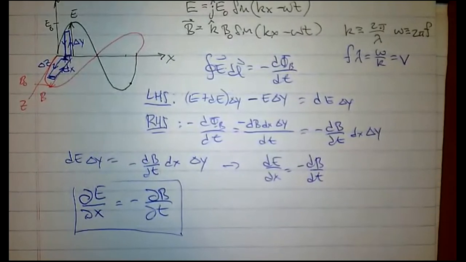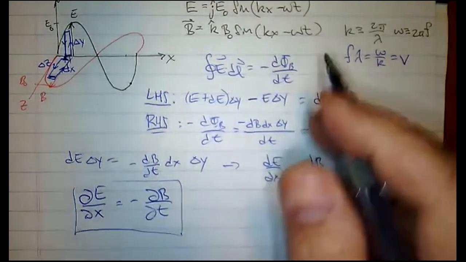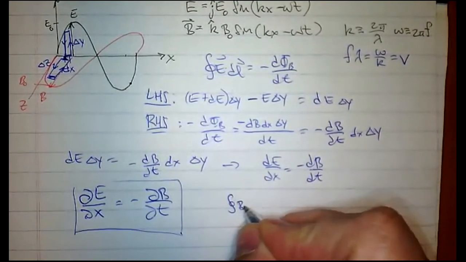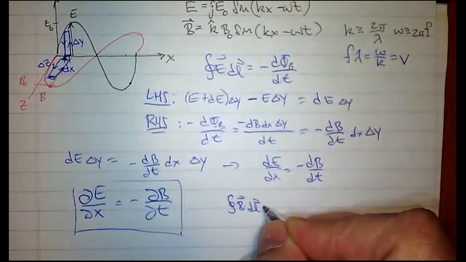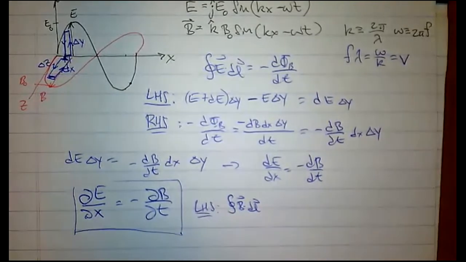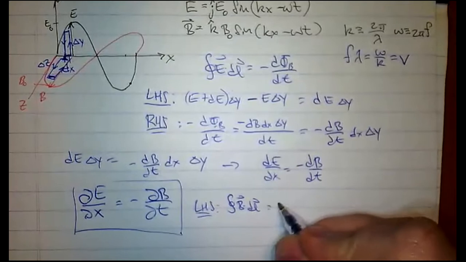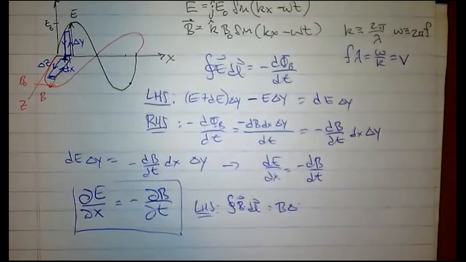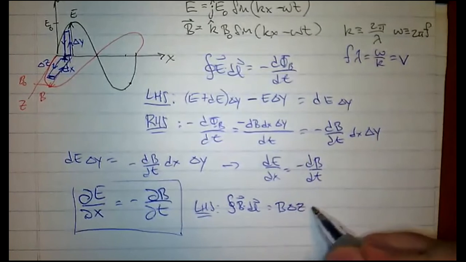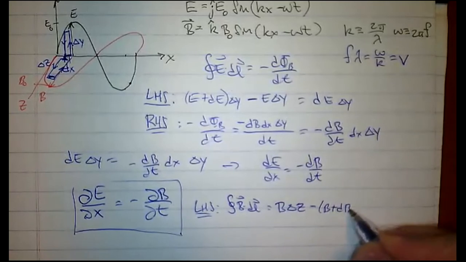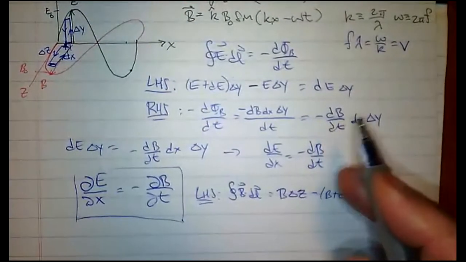So when I do that side, I end up getting basically the closed integral. Now I'm doing Ampere's law instead of Faraday's law. So this is the left-hand side. This time I get B times delta z minus B plus dB, because I've moved over to this part, times delta z.